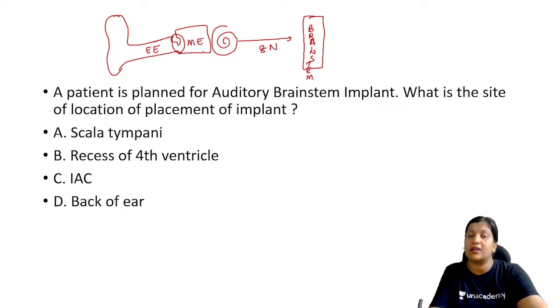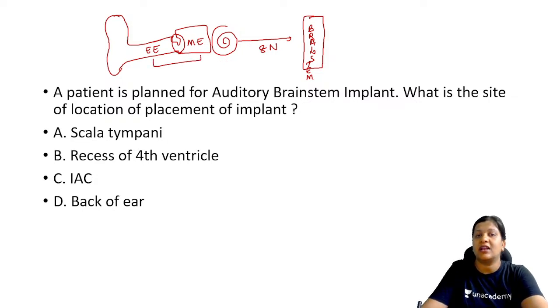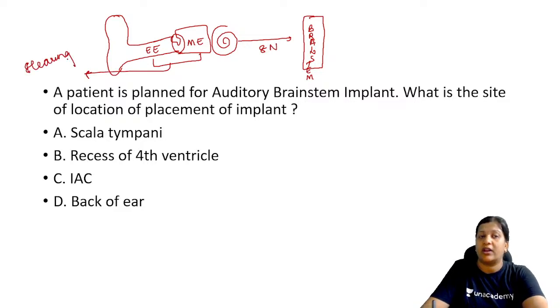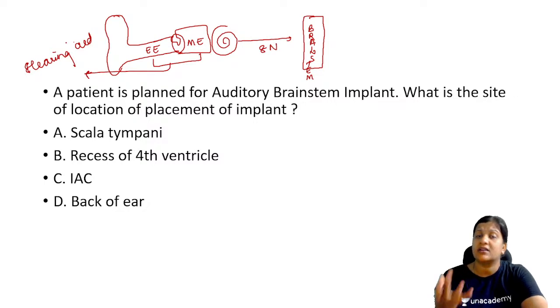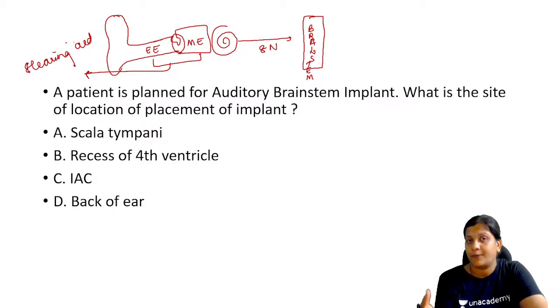So for external and middle ear pathologies, what will you do? You will either give a hearing aid, and if the patient cannot use a hearing aid because of external auditory canal atresia, or a constant discharge from the tympanic membrane, and cannot go for surgery also, or there is a middle ear hypoplasia, you can use a BAHA.